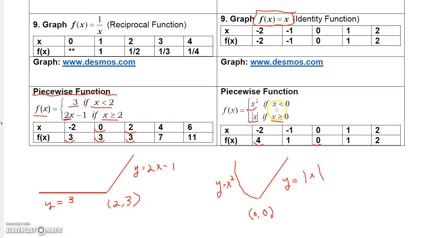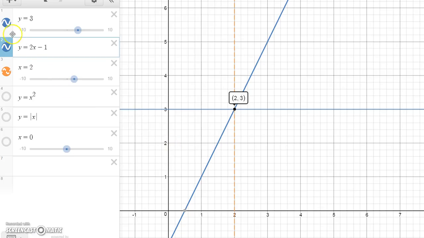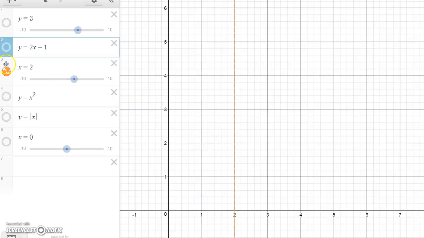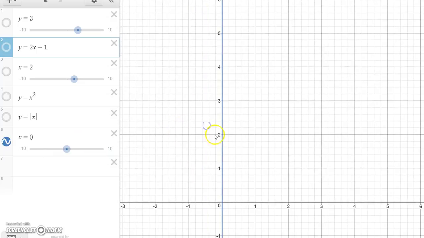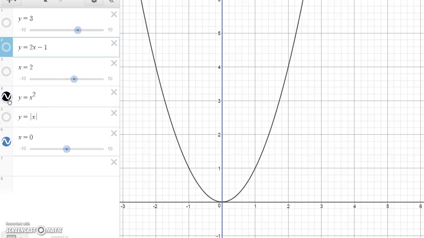But if you wanted to actually graph this function, let's get rid of these guys. Okay, so here's x equals 0. It's really just the y-axis. Now, if x is less than 0, you graph this function.